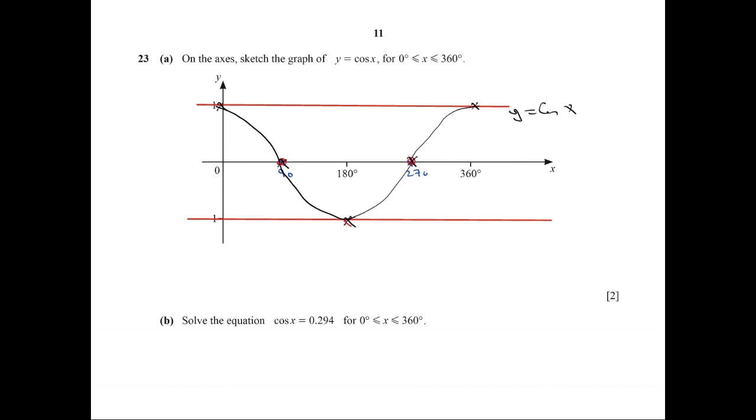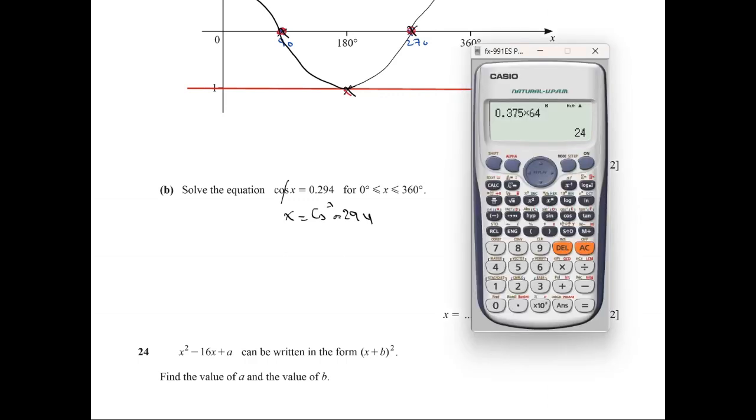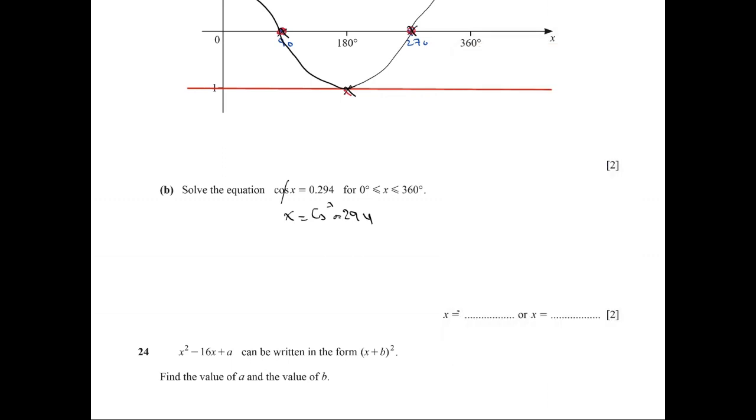As usual, after the graph there is a trigonometric equation. We will move to cosine x equal to 0.294, so x equals cosine inverse of 0.294, which is equal to 72.9. We have another solution.